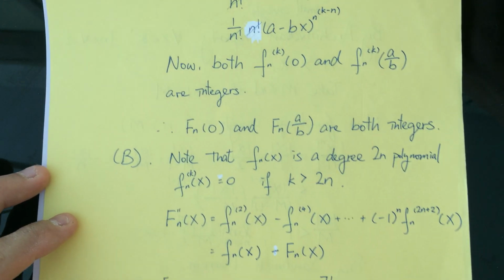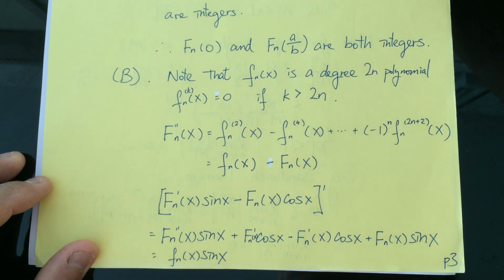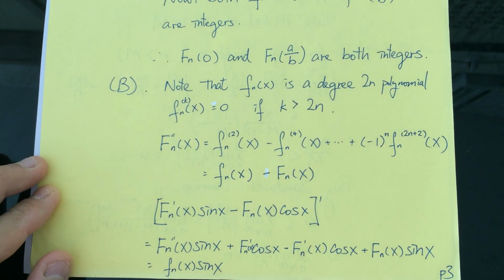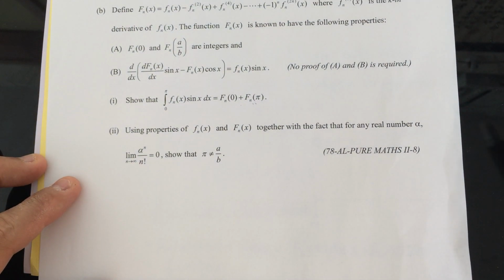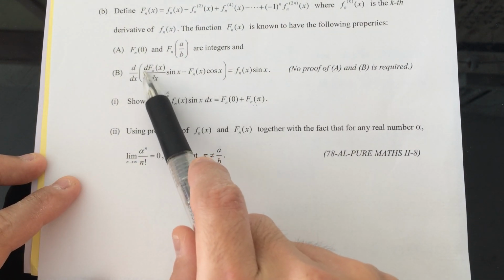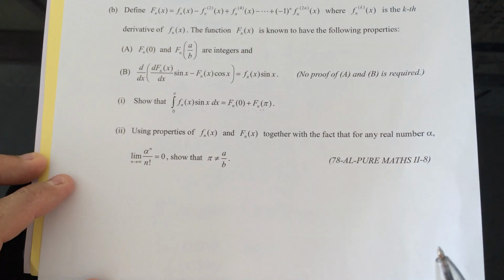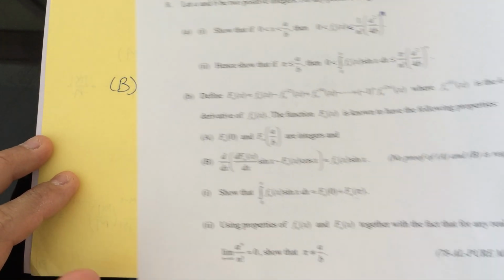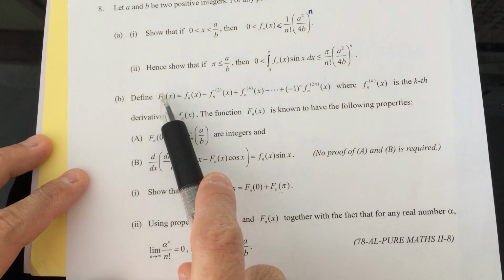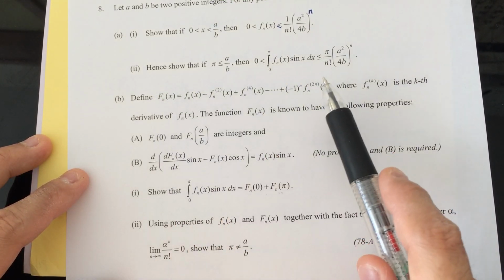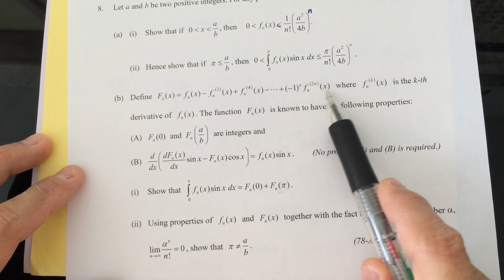Now, let's move on to part B. Part B asks you to show that the derivative of this thing is f_n(x) sin x. This is not hard to prove. By this definition, we just differentiate twice.